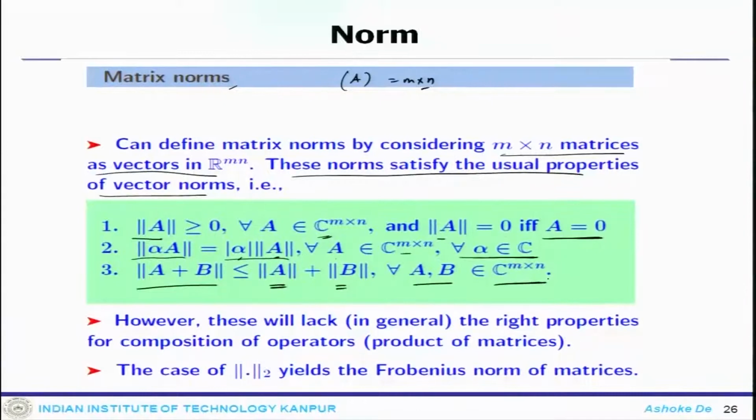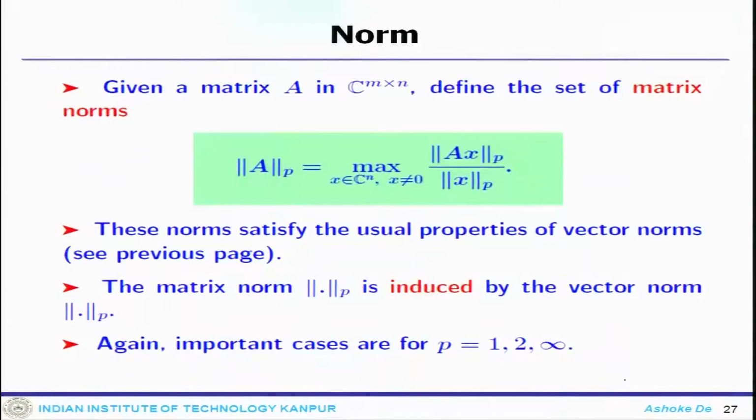However, in general this will lack the right properties for composition of operators, essentially the product of matrices. This is the case where the dot product yields the Frobenius norm of the matrices. Now, once we define this matrix norm, we can see how other information can be obtained.